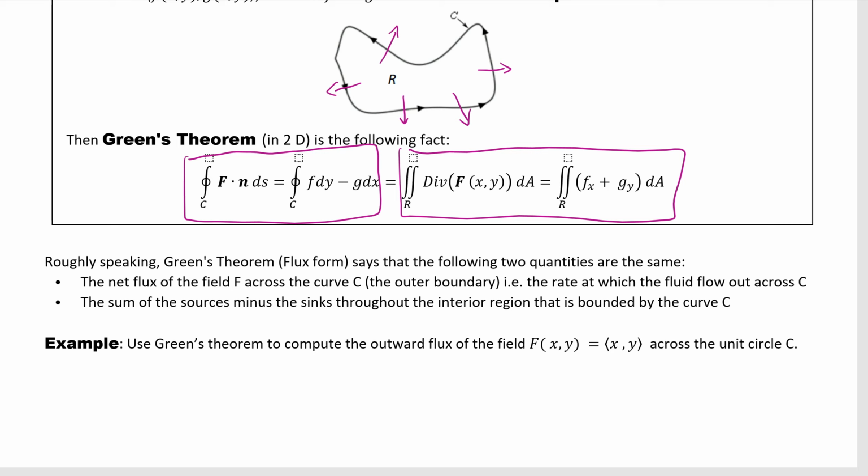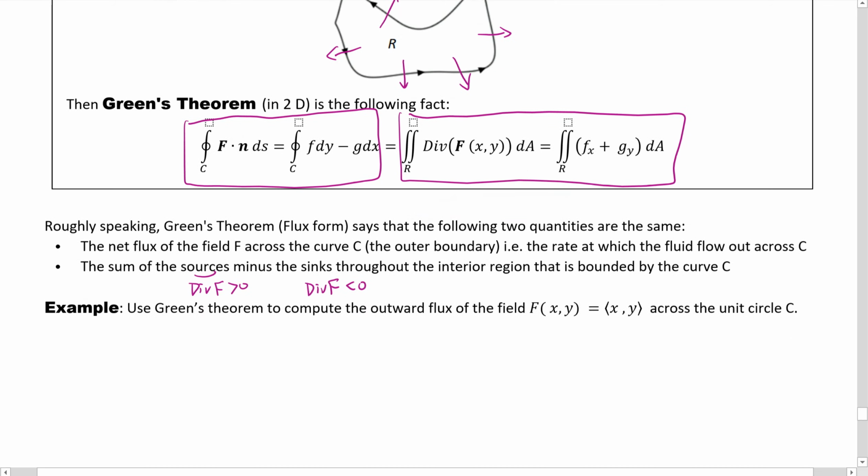And the second quantity is the sum of the sources minus the sinks. For a source, the divergence is positive. For a sink, the divergence is negative. So we accumulate all those divergences together. So the sum of the sources minus the sinks throughout the interior region that is bounded by the curve C. So far so good, everybody?